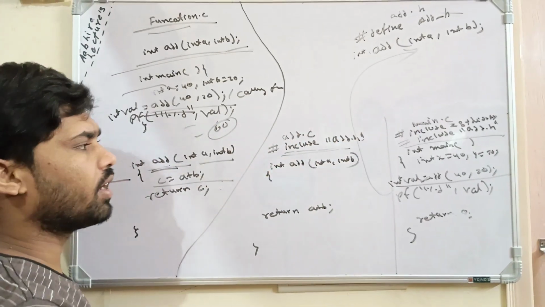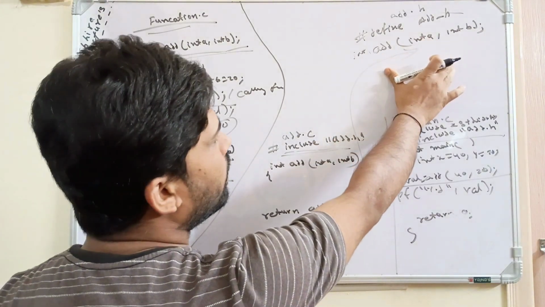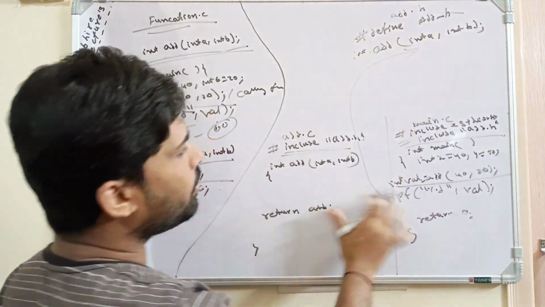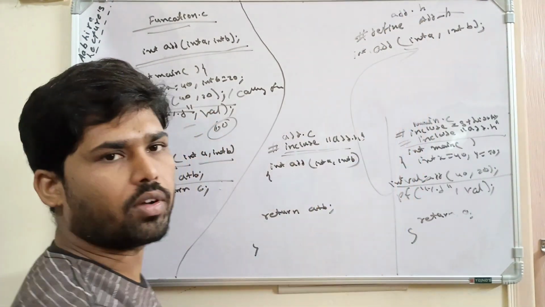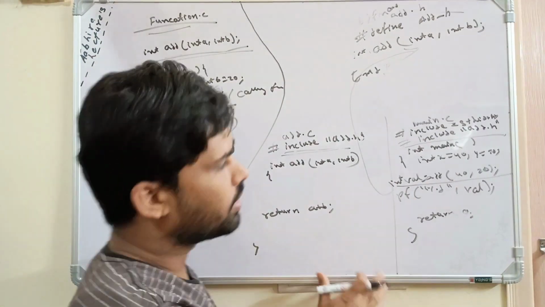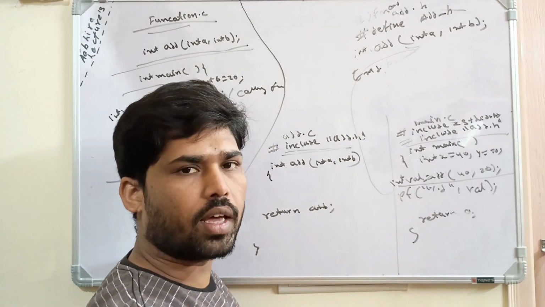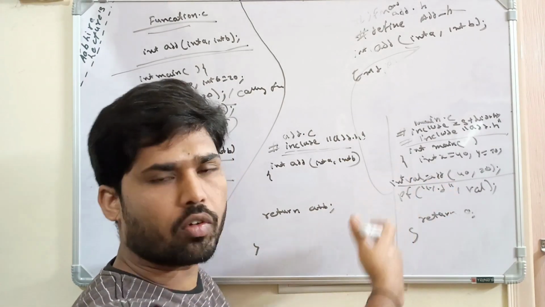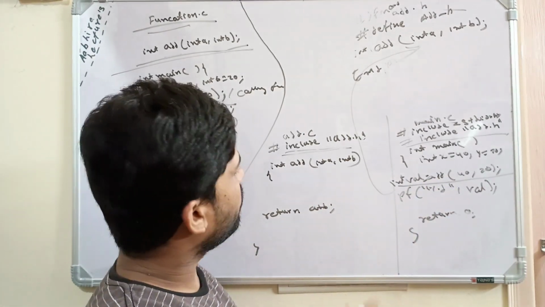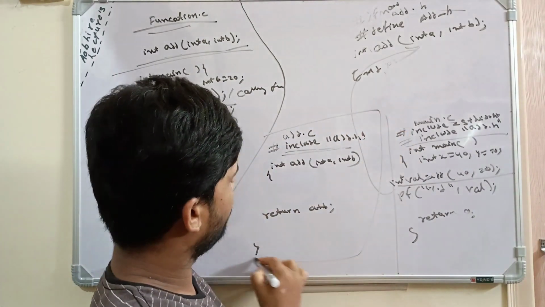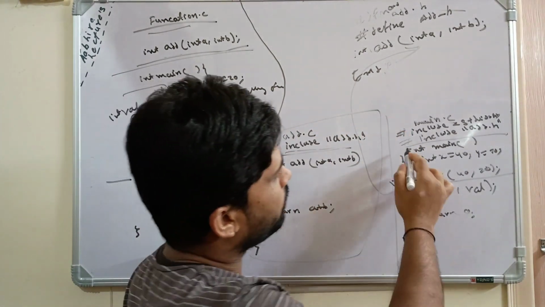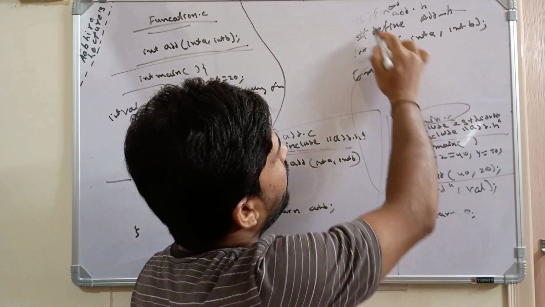Okay, we know these things, right? So if you give that, then it will access from one file to another file. Okay, if you write this tag, we can easily access it from one file to another. We created separate files: add.c, main.c, and add.h.